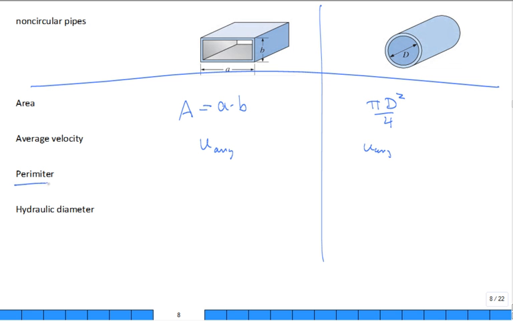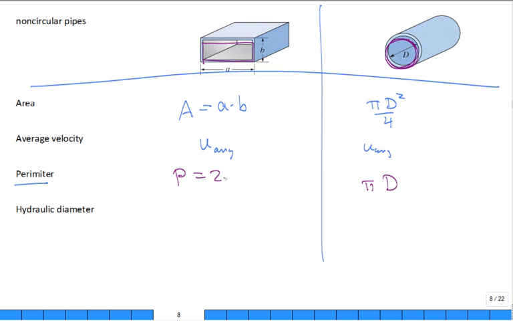What about the perimeter? What is the perimeter for flow inside of a round pipe? It's pi d. It's that wetted perimeter, they'll call it sometimes, thinking about water flow. If you take a cross-sectional cut, it's the length of the perimeter that encloses. So let's go over here. What is the perimeter for this?